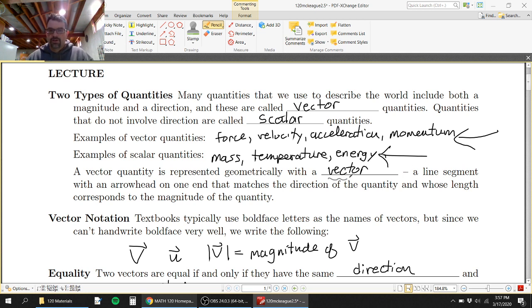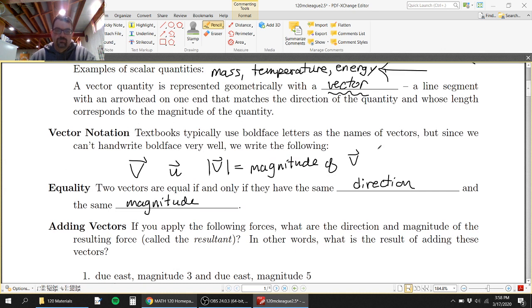Vector quantities are modeled with vectors, a line segment with an arrow on the end, like I drew right there. We'll draw lots of them. The notation typically used in a textbook for vector quantities is boldface, but we can't write boldface, so we put this little vector hat on them.